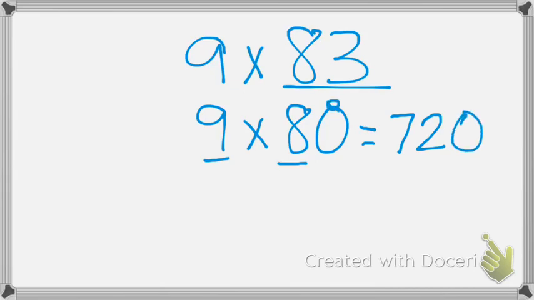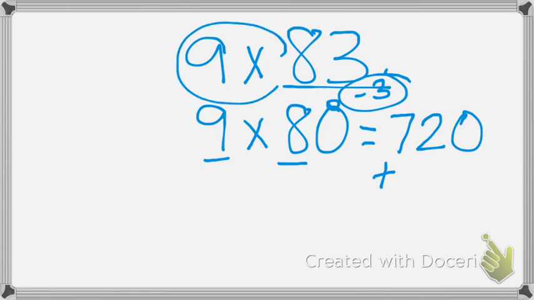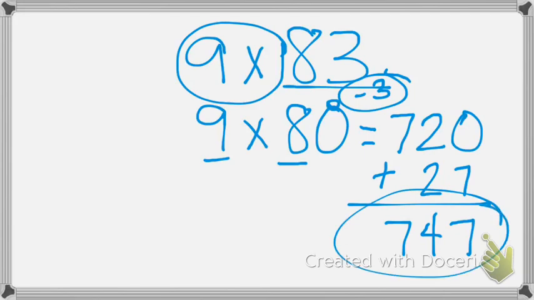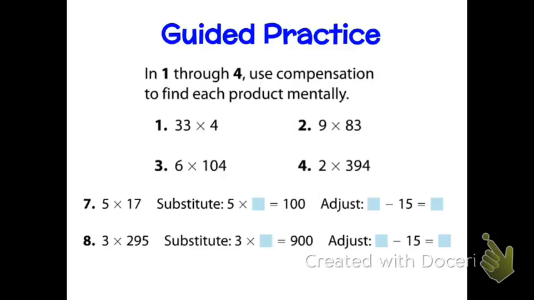But I'm not done, because on this one, I went from 83 to 80. So again, I did not multiply enough here, so I have to make sure I add something back in. So I have to do 3, but not just 3. It's 3 groups of whatever number I'm multiplying by. So I'll do 3 times 9, which I know is 27. So I'm going to add them back in to get my final answer of 747.